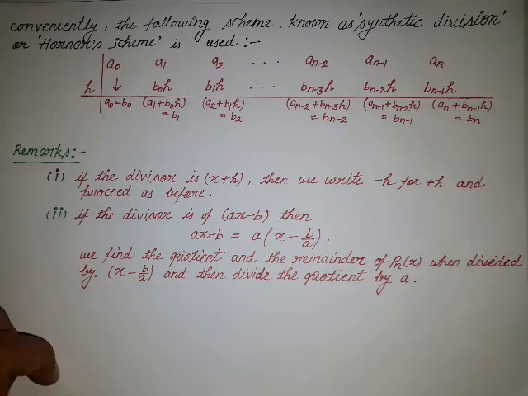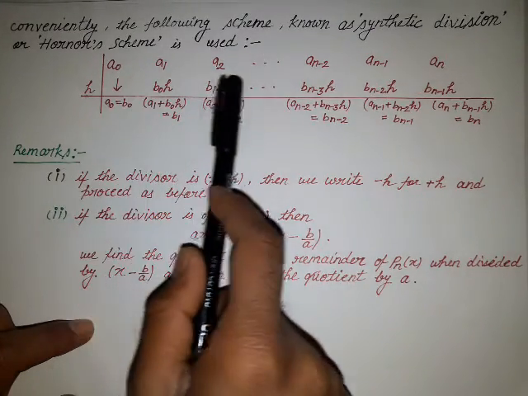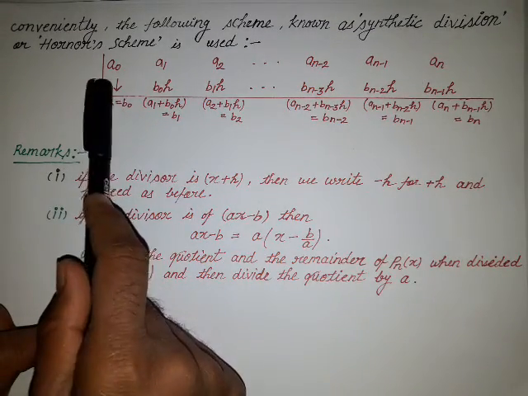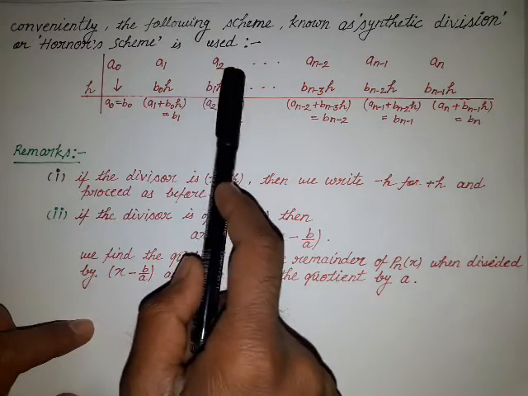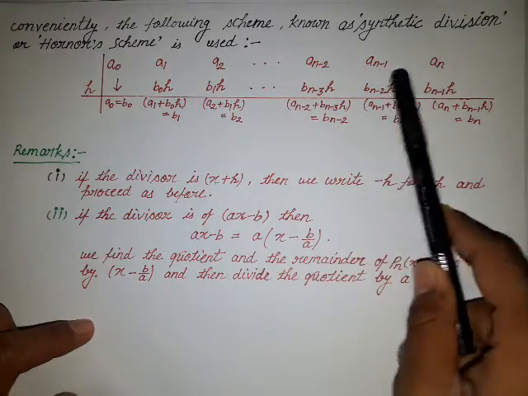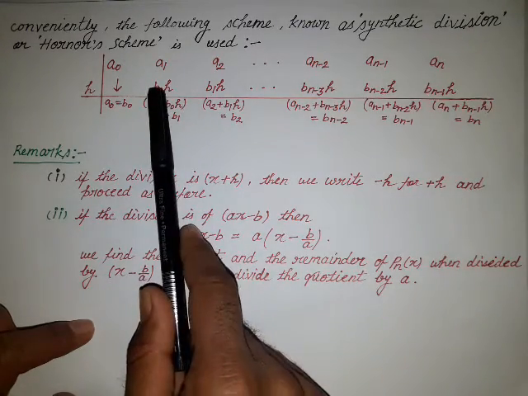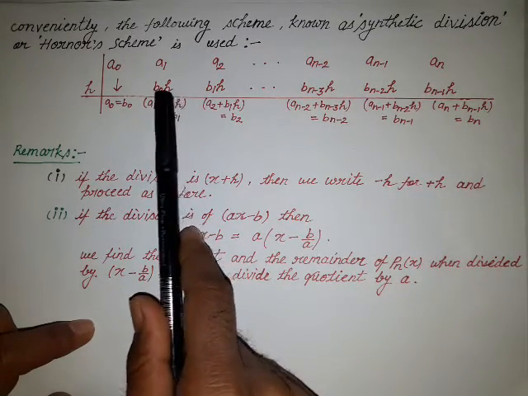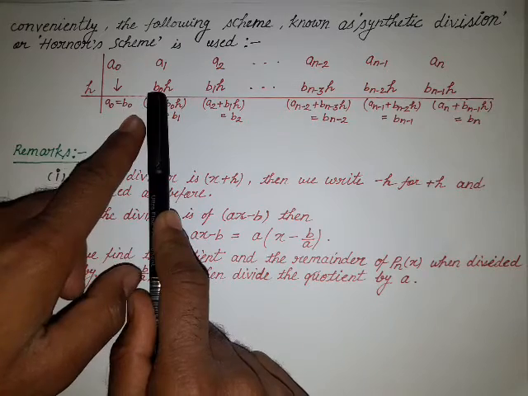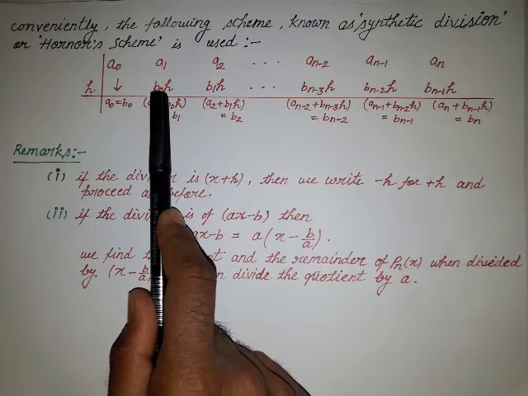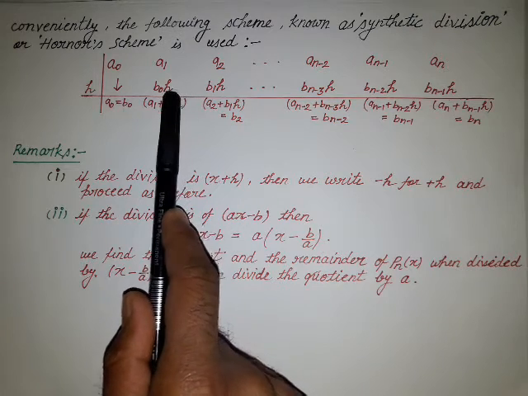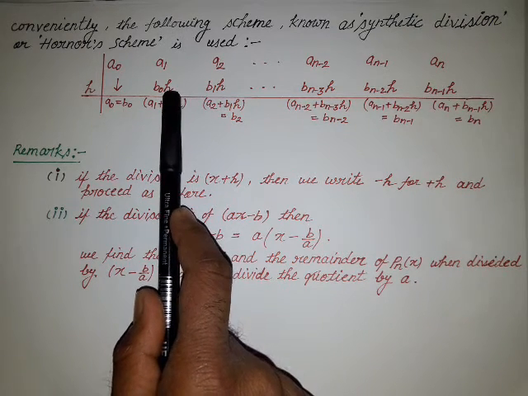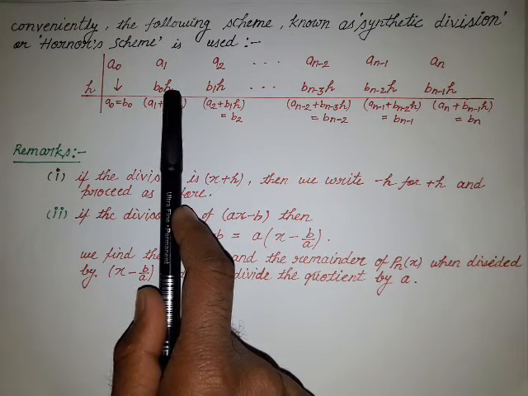So you can see that in the first row there are the coefficients of the polynomial p(x), that is a0, a1, a2 and so on. And in the second row you can see the coefficients of the q(x), which is multiplied by h, where h is the term used in the linear expression x minus h.